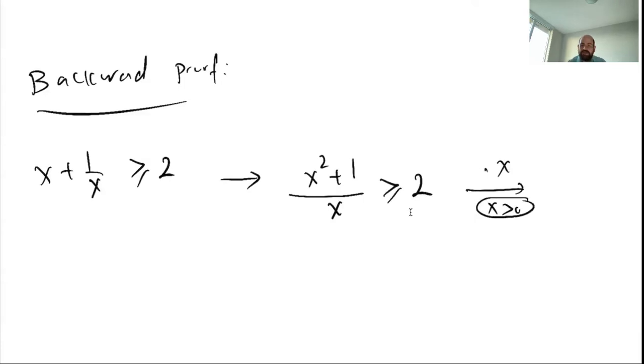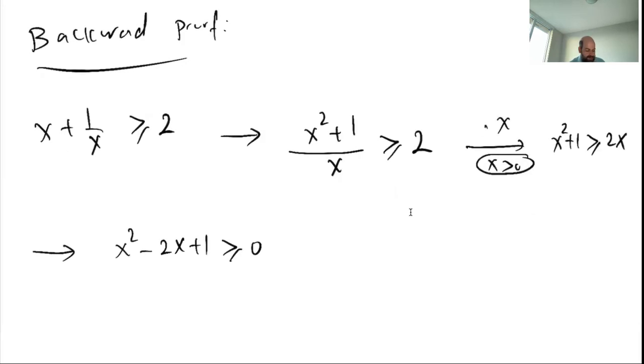Remember, we saw in another example today that if you have an inequality, you can multiply both sides of the inequality with a positive number and the inequality remains the same. If you multiply with a negative number, the inequality will flip. So then I'll get x squared plus 1 bigger than or equal to 2x. And then that means x squared minus 2x plus 1 bigger than or equal to 0. And that means x minus 1 the whole squared bigger than or equal to 0.